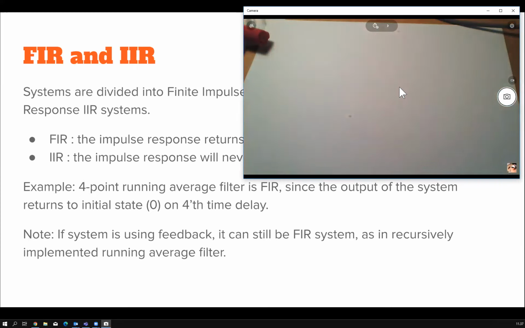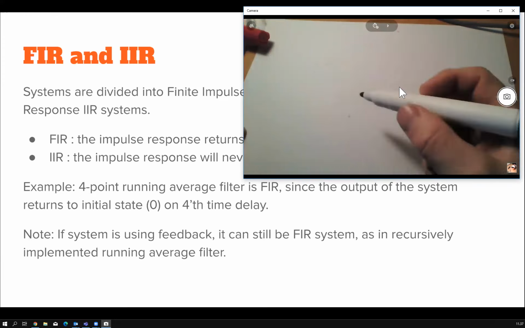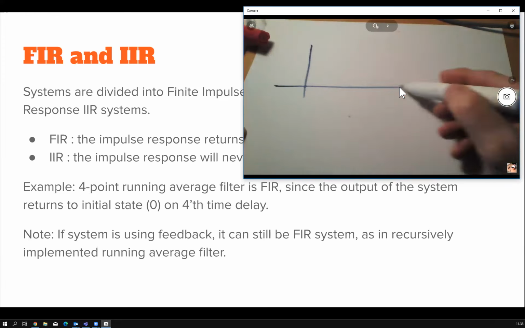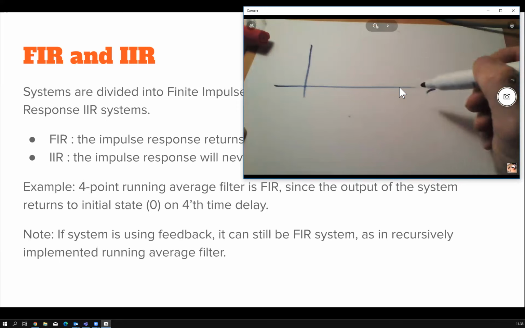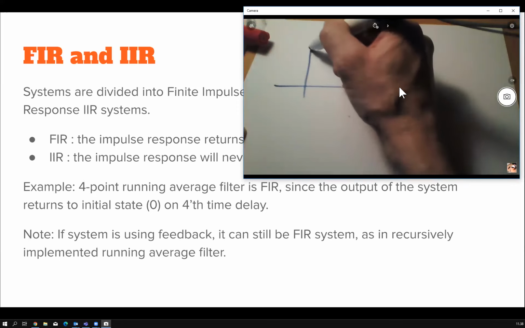Okay, so I have my new drawing board. Okay, so high tech, very high tech. So for example, if we have a digital system which resembles a, let's see, low pass filter, or RC low pass filter.